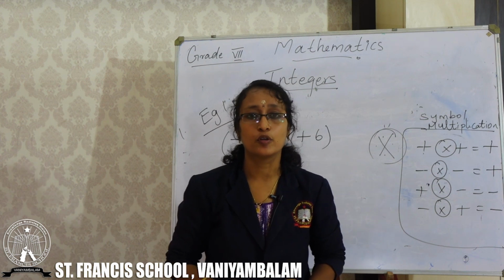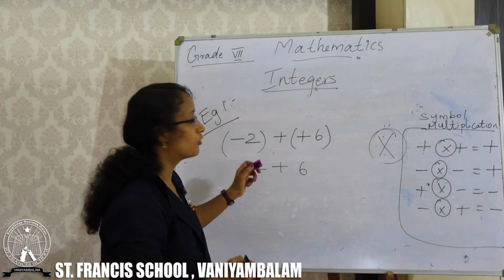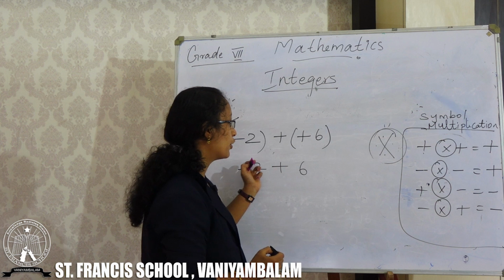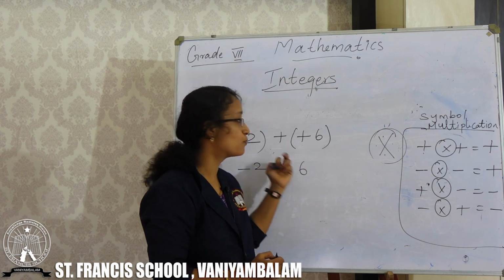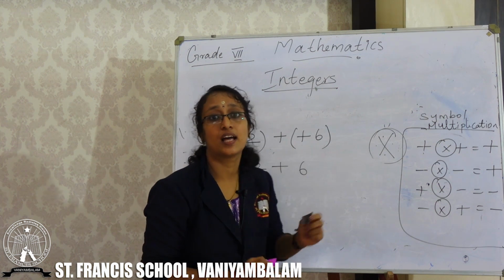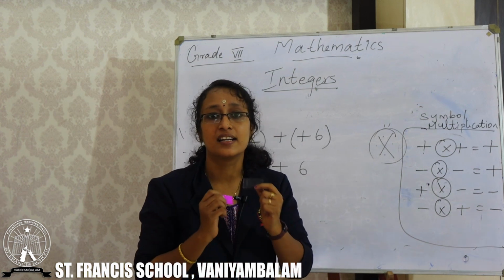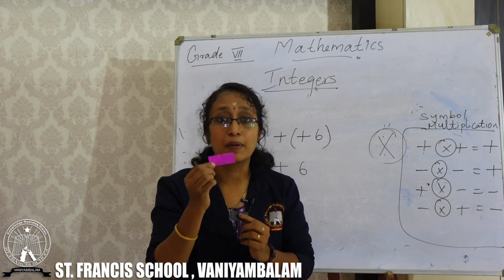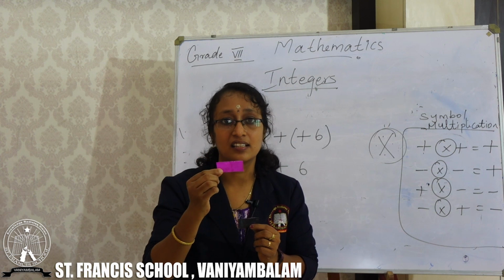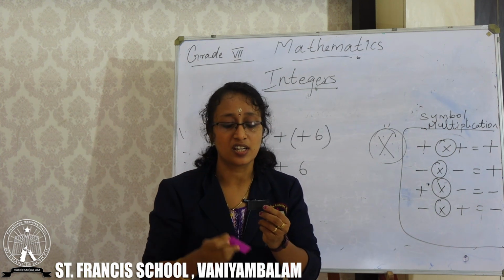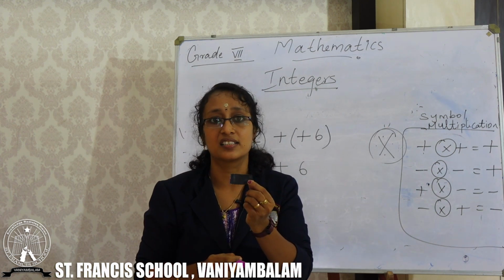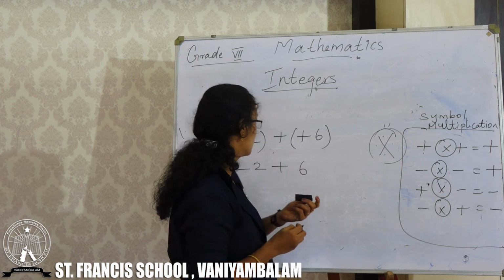Got it? Next, we are going to do the problem with the help of a model. That is, I'm going to use tiles to solve this problem. Okay, I'm going to add these two integers, positive and negative, with the help of a model. The model is tile. This pink rectangle tile is your positive integer and this black rectangle tile is your negative integer.